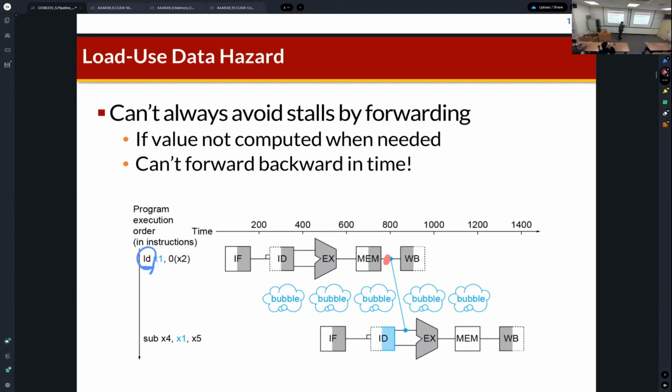If the load instruction is executed, then it needs to address data memory. So it's the memory stage, and in the late part of the memory stage, the result of the load instruction is generated.